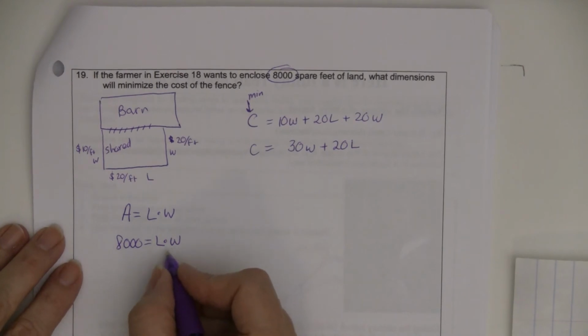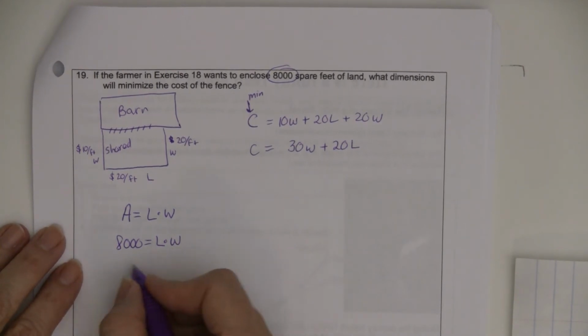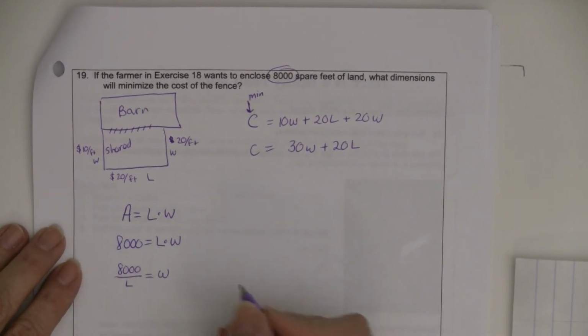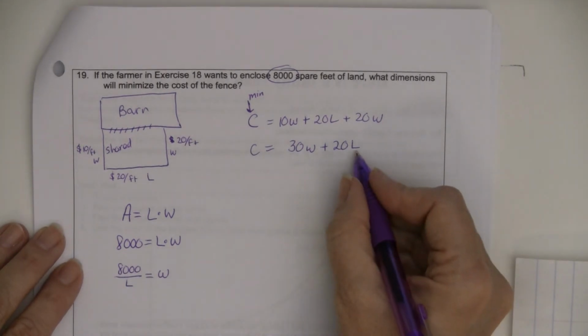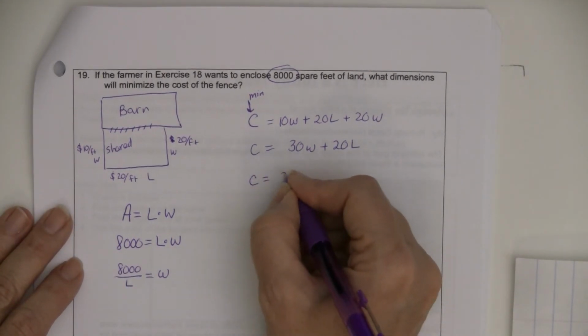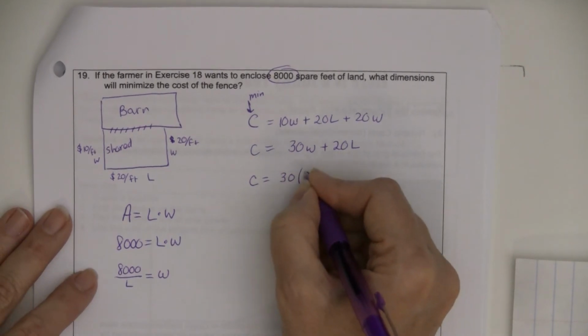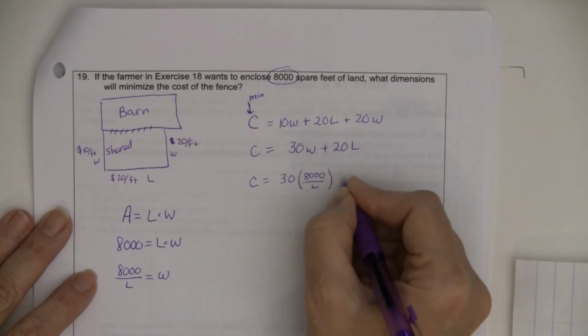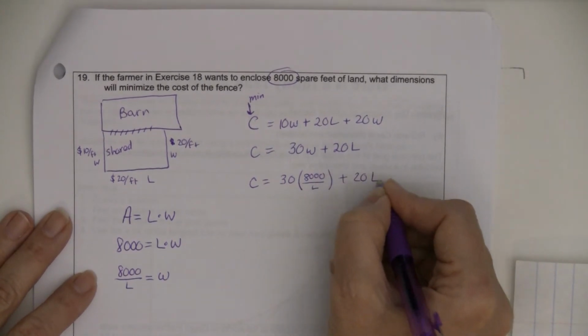It doesn't matter. Well, I guess I'm going to get W on one side, so I'm going to solve for W. So 8,000 divided by L equals W, and now I'm going to plug that in right here for W. So C equals 30 times 8,000 divided by L, plus 20L.